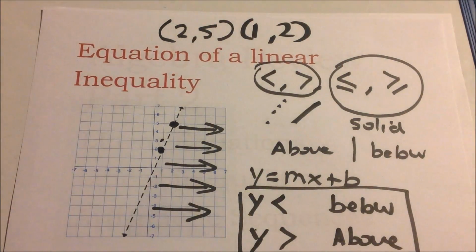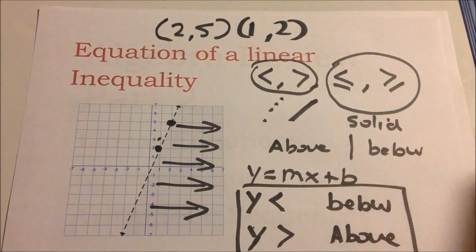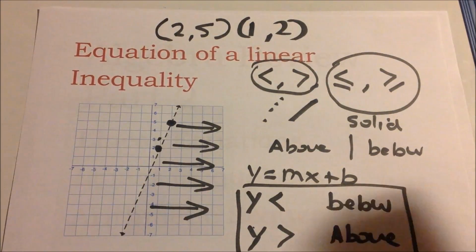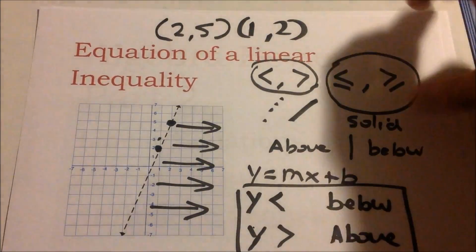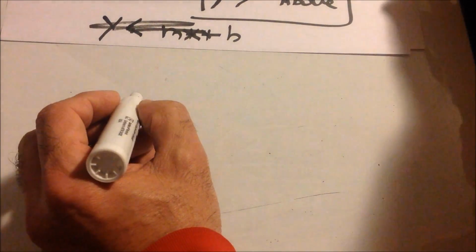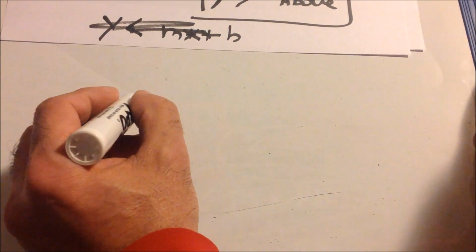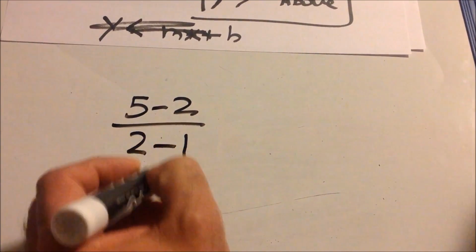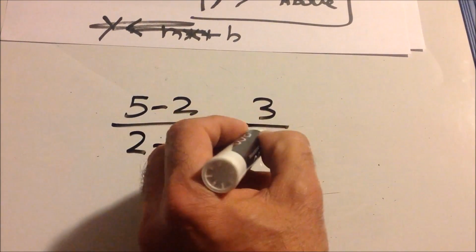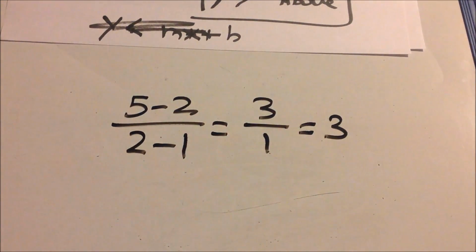Those are our points. So we can use the point-slope formula or the slope-intercept formula. We don't have the slope, so let's get the slope. Again, we're using 2, 5 and 1, 2. So we can say 5 minus 2, that's the rise. And the run, if we're using 5, is 2 minus 1. So we're going to have 3 over 1, so the slope is 3.